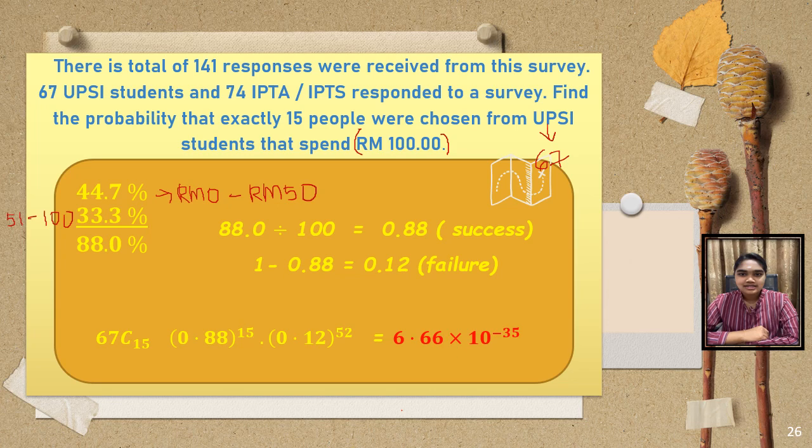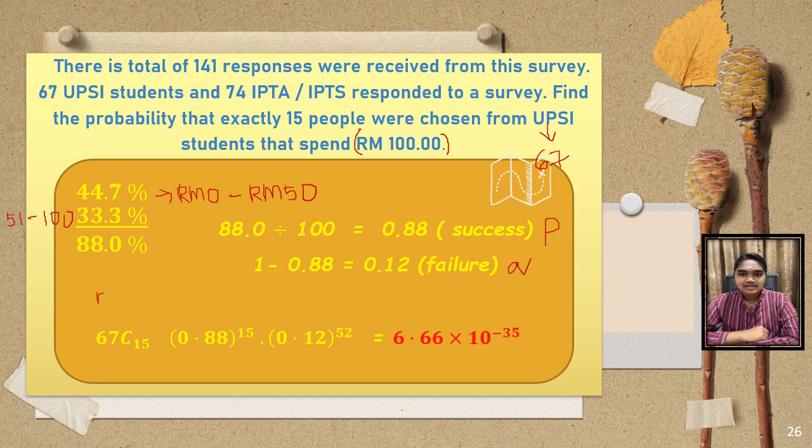If we add both percentages, we get 88.0 percent, and if we divide by 100, we get 0.88, which is the success, also known as P. If we do 1 minus 0.88, we get 0.12, which is the failure, also known as Q.